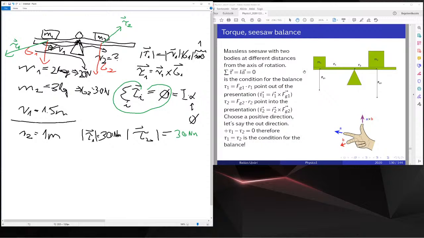It's balanced. Were you able to calculate torque 1 and torque 2 also? All right.